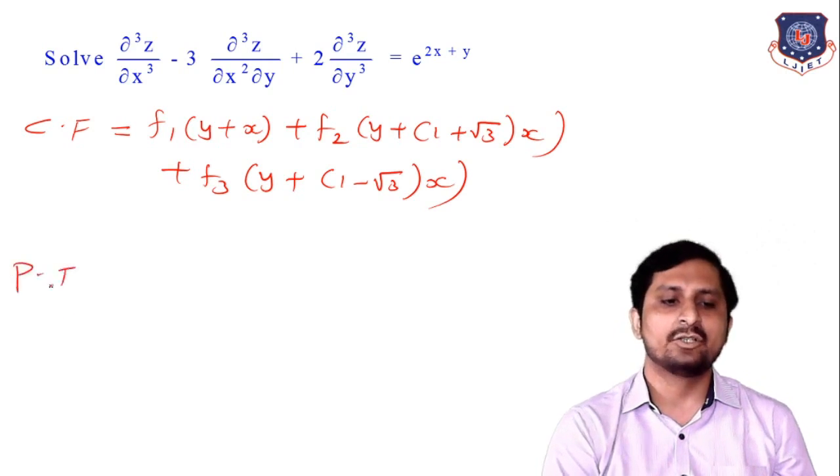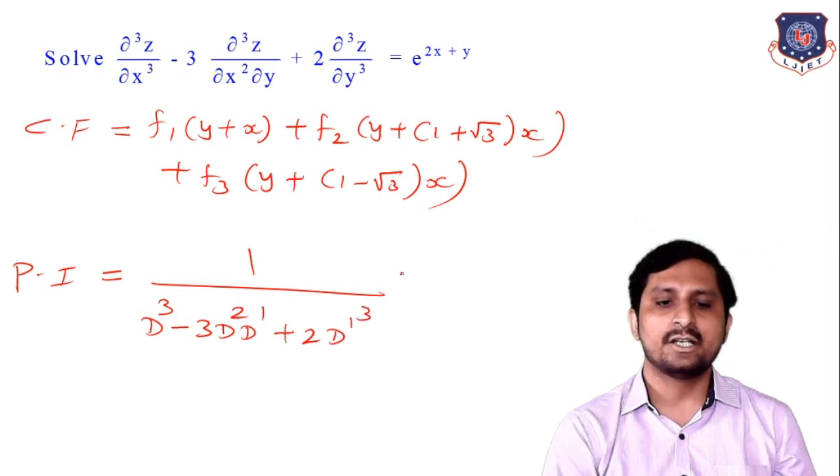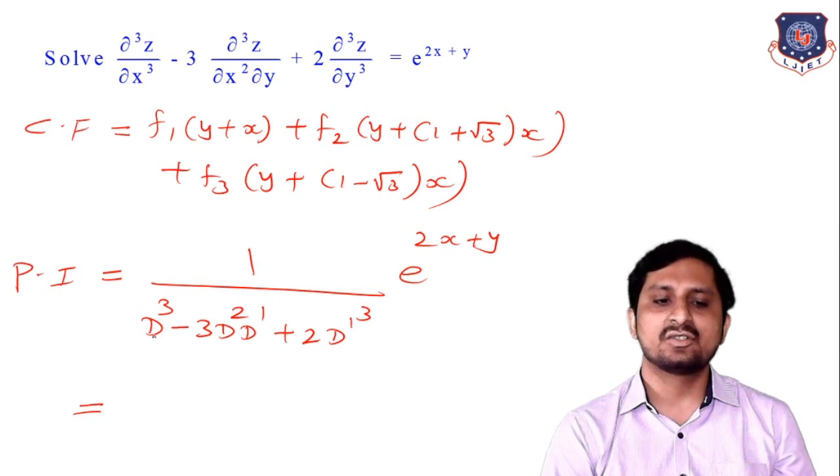What is my equation of f of D, D dash? This is D cube minus 3 D square D dash plus 2 D dash cube, into e raised to 2x plus y.